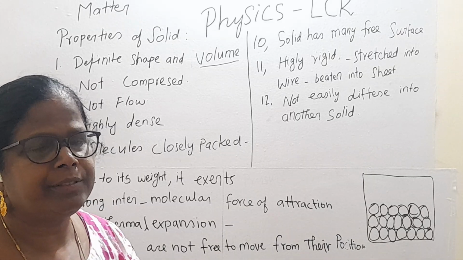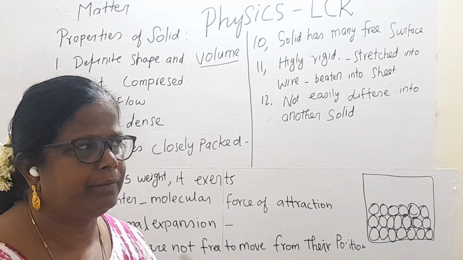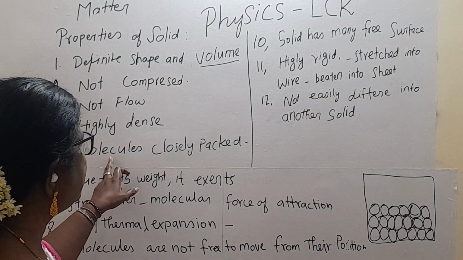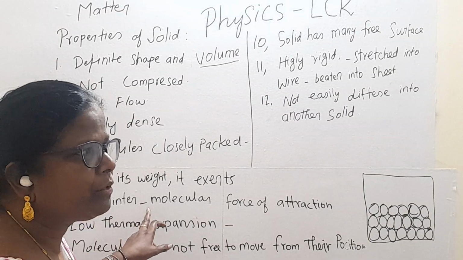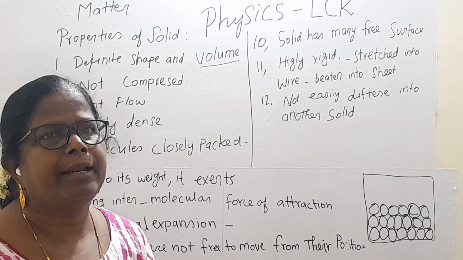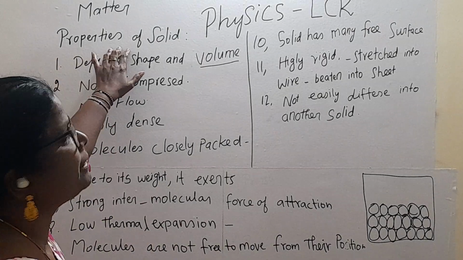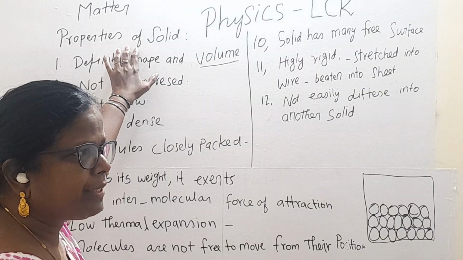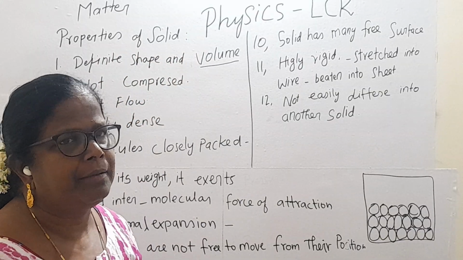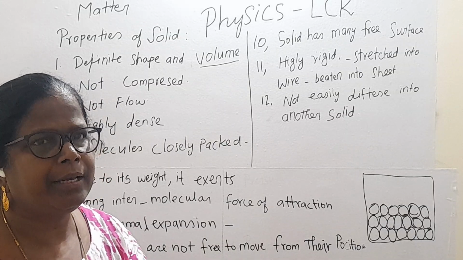In the last video I explained what they are: intermolecular space, intermolecular force of attraction, and random motion of the particles. These three things determine the state of matter: solid state, liquid state, gaseous state. Matter can be classified into three states: solid, liquid, gases.